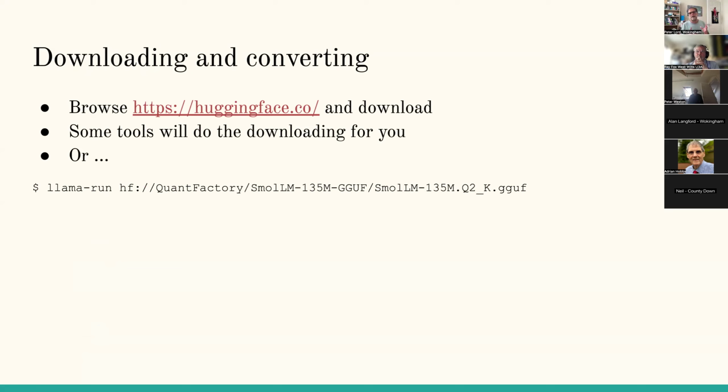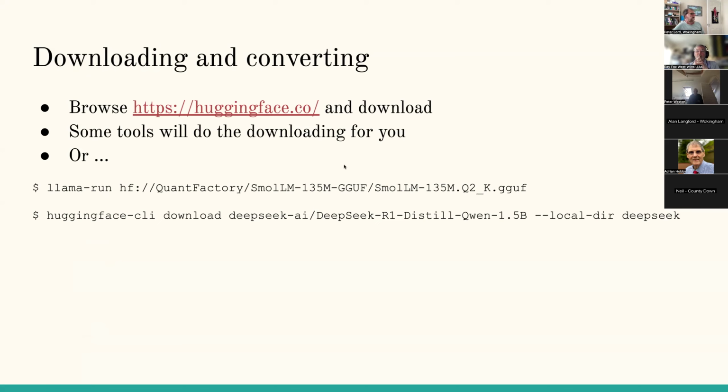Or you can run command line tools on your desktop to download them and you can convert them. So don't worry about the file formats too much. You can convert them locally if you want to. But the chances are if you need a particular model in a particular format, the chances are quite high you can go to Hugging Face and find someone who's already done the conversion.